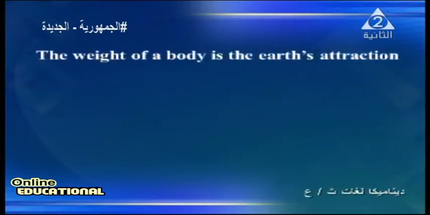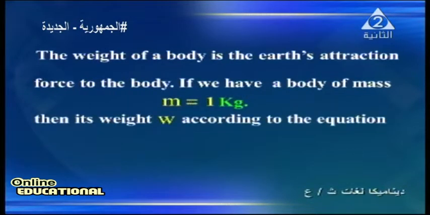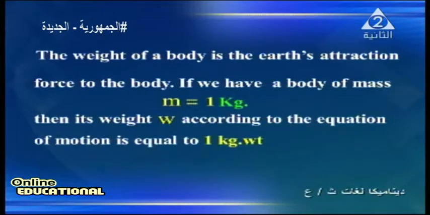The weight of a body is the Earth's attraction force to the body. If we have a body of mass m equals 1 kilogram, then its weight W according to the equation of motion is equal to 1 kilogram weight. And we know from Newton's second law, F equals ma.